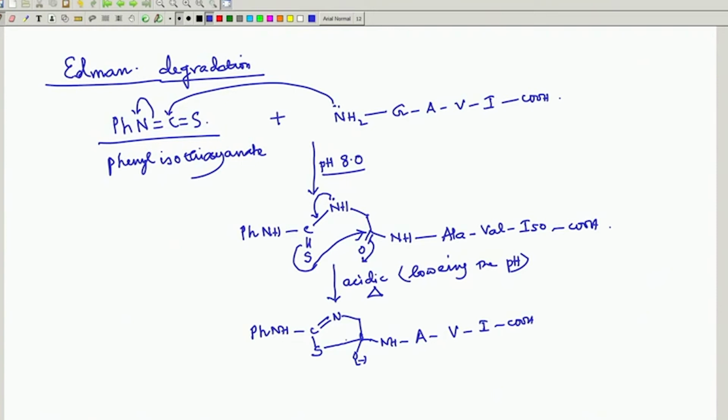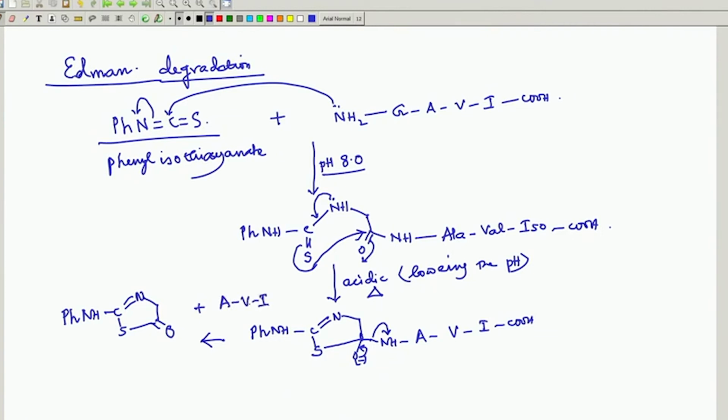Okay. Now, what happens? This O minus comes back and this peptide bond is broken, this amine leaves. So, now you have a tripeptide that leaves. So, the tripeptide leaves, and what is the other compound from the first amino acid? PhNH, then C double bond N, then you have S, and this is a C=O, plus you have the tripeptide AVI.